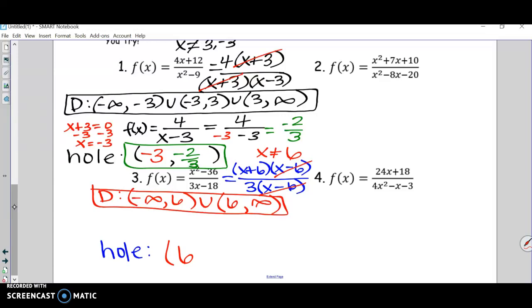Alright, so what's left over, now that I've done the x minus 6, what's left over that I've taken out? We got f of x is equal to x plus 6 over what? 3. So, my x value of my hole is 6, so what am I plugging in for x? 6 plus 6 over 3.